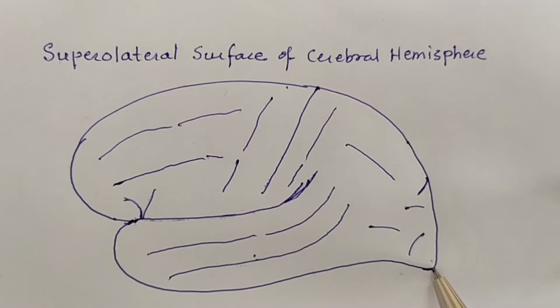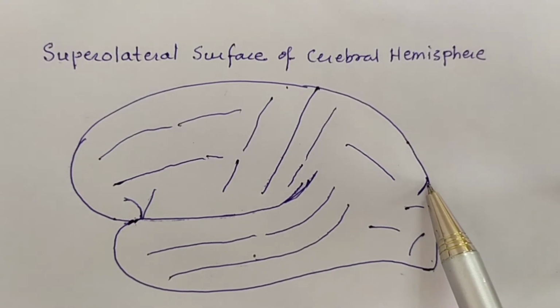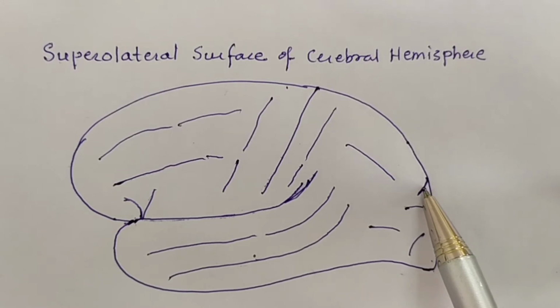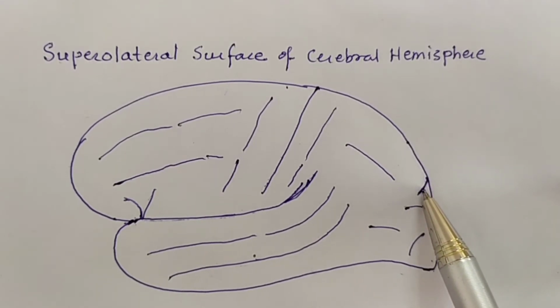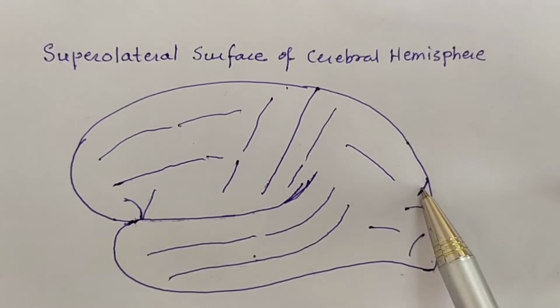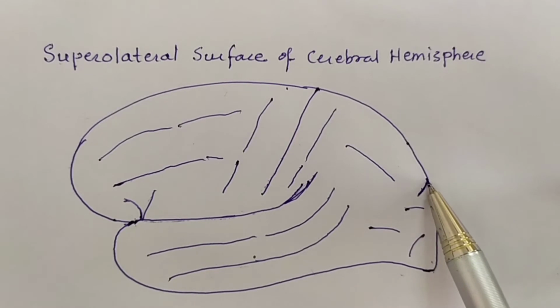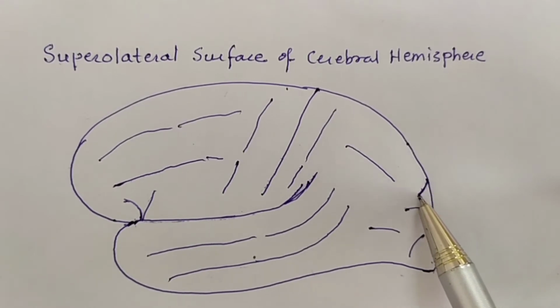This is the occipital pole, and about 5 centimeters proximal to it on the superomedial border there is parieto-occipital sulcus. It begins on the medial surface and very little part reaches on the superolateral surface.